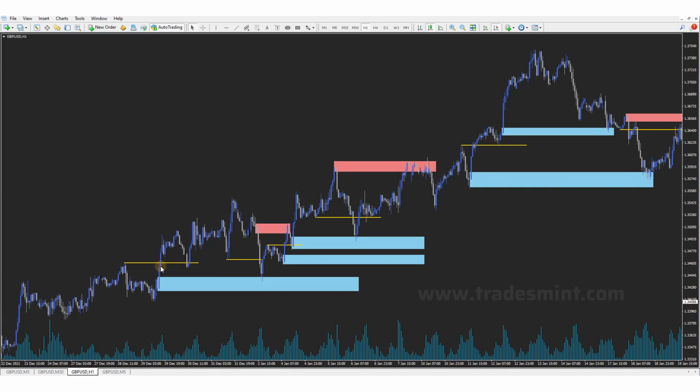Also important for me is to check if the leg out has bigger volume than the previous candle, which made the base, yes, the zone. So I'm always checking if the leg out really has bigger volume, because I like to see the price followed by the candle. Same with supply. There's some rejection with a really good candle.